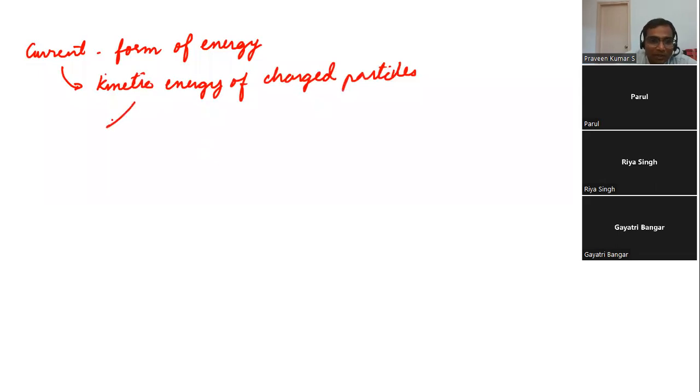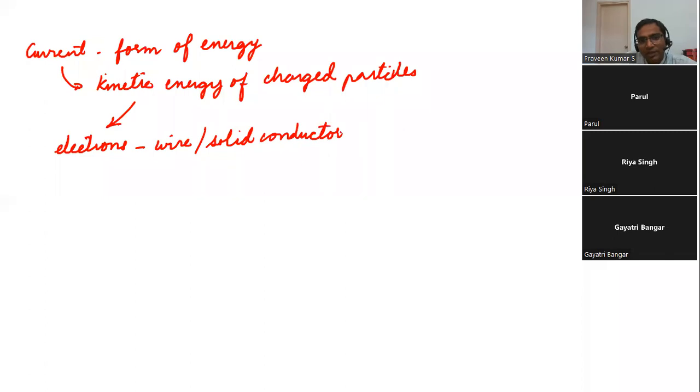Now remember that these charged particles are mostly electrons. Whenever you have wires or solid conductors, the charged particle that can move is always the electron. So in such case, you can say that it is the kinetic energy of electrons. Okay.